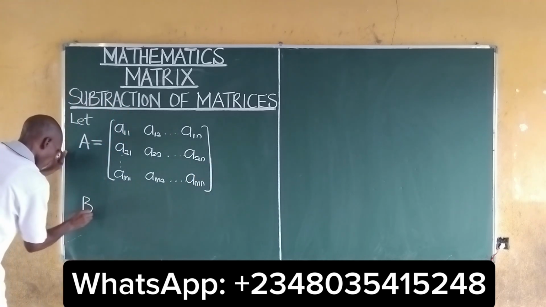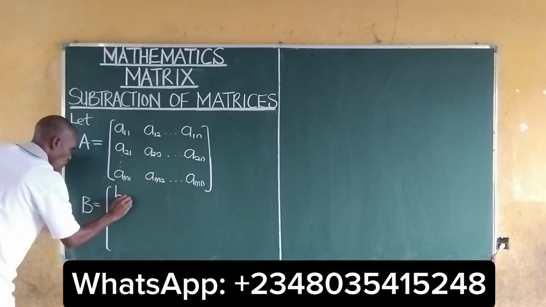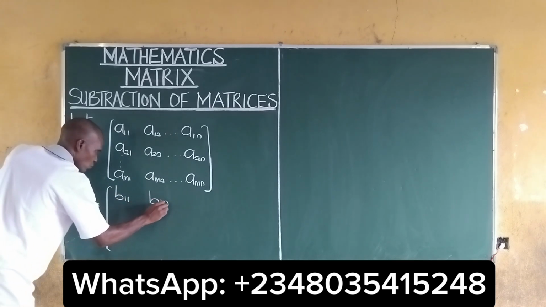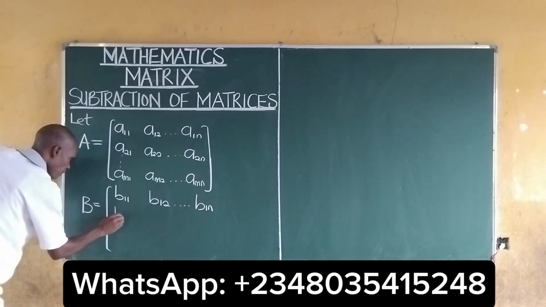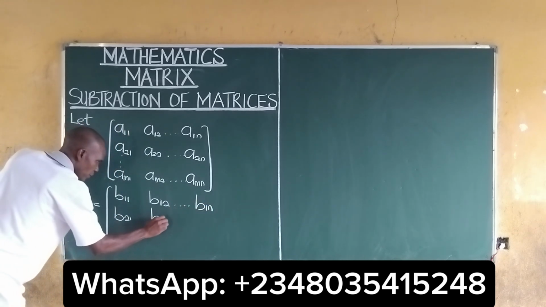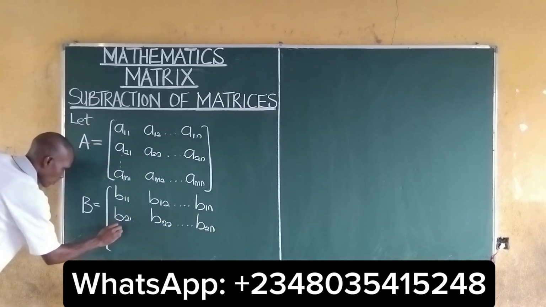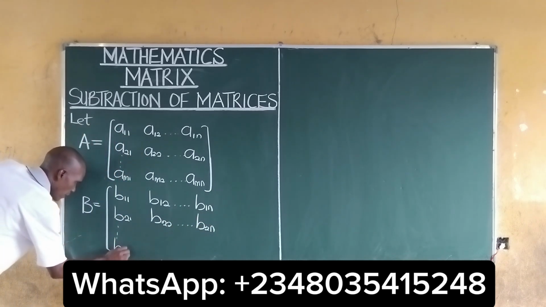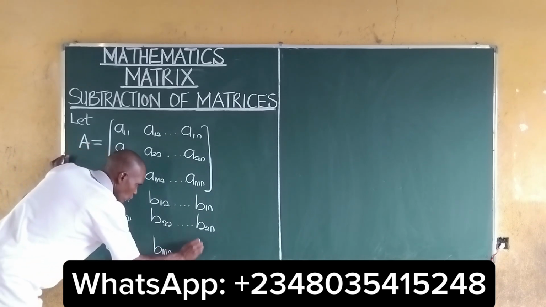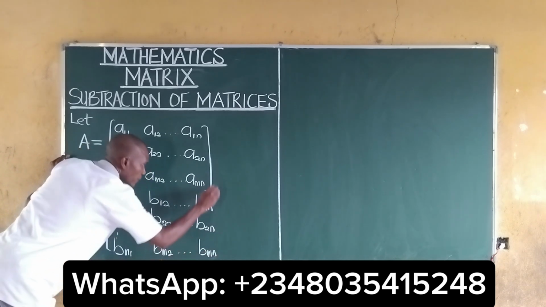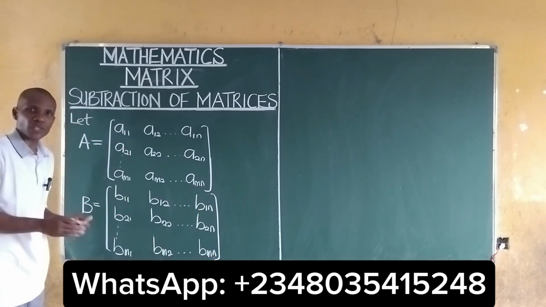And we have B to be equal to B11, B12 to B1N. We also have B21, B22 to B2N, BM1, BM2 to BMN. So if we have these two matrices, how do we subtract them?